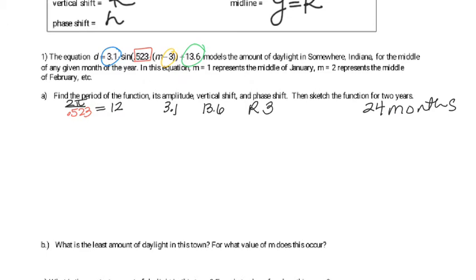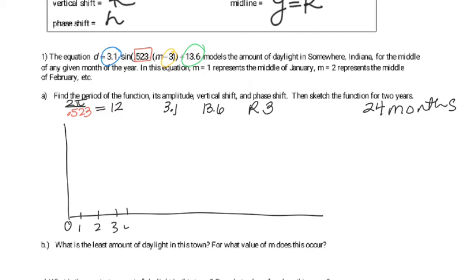Then it wants us to sketch the function. So I know that I gotta have 0 here, and then I'm gonna start at 1. I know it says 1 represents the middle of January, so I'm just going to keep going and keep labeling these by months.